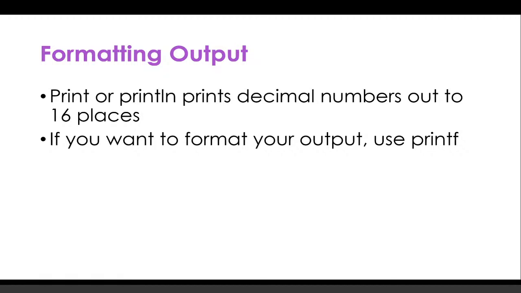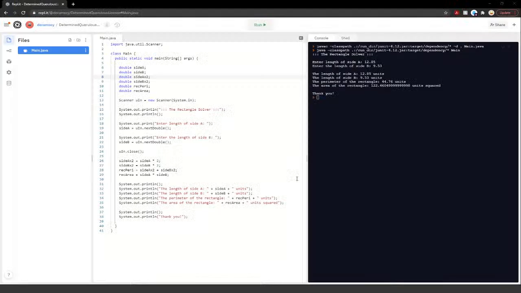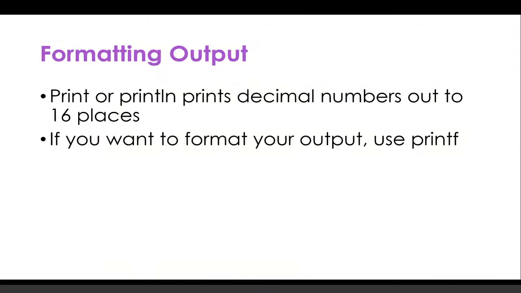So if we have a floating point number that's super long, we can use a printf statement to truncate that floating point number and round it to two or three places, which is something we might want to do in the program we did here today, where the area of the rectangle is 122.46049999999. Maybe all that precision isn't that important, so we can format it and have it there.